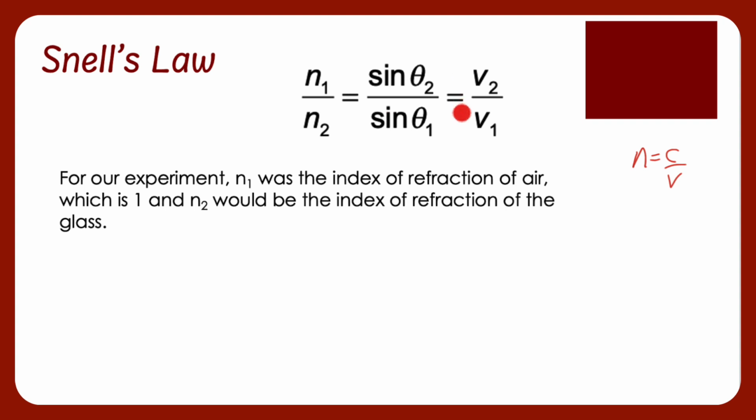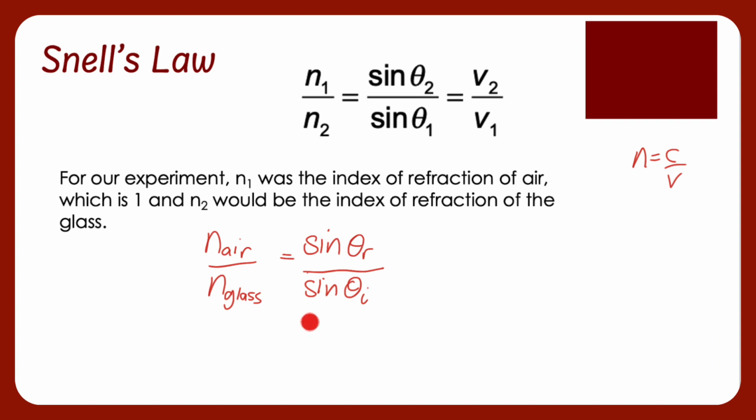Notice I also have here the speed of the wave in the medium. So from our experiment, we had n of air, n of glass, sine 2, which was our refracted one. I'm going to use R just because that's what we calculated, and sine of the angle of incidence.